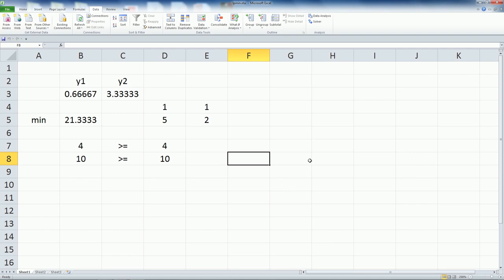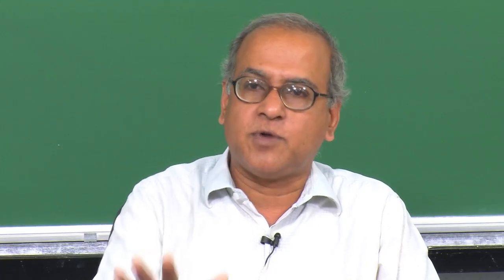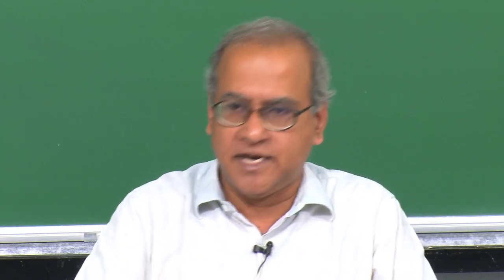So, whether you have a maximization problem or a minimization problem, you can set up the problem as it is here. The first part is writing the problem on the sheet. So, you define the variables.